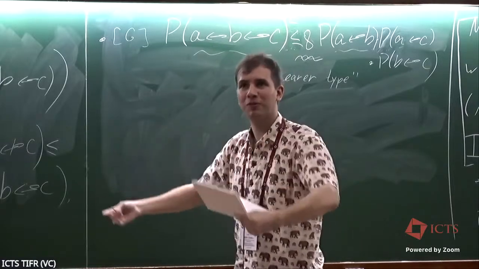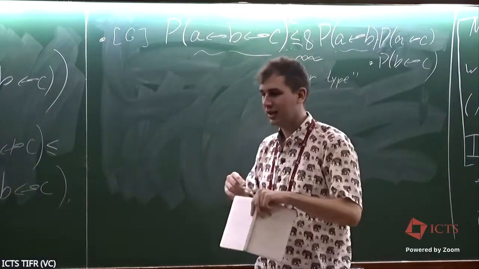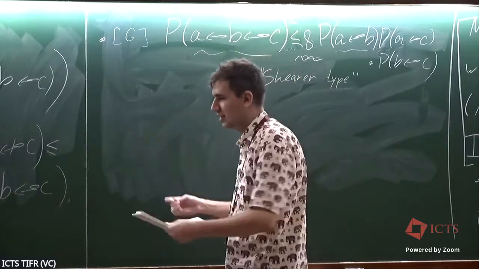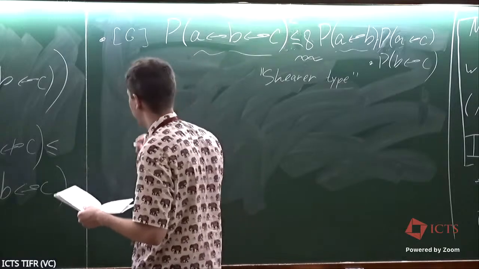My hope for the big picture would be that something like this is true, and you can bring some inequalities from entropy. You can get some wonderful inequalities with logarithms and solve some wonderful problems.